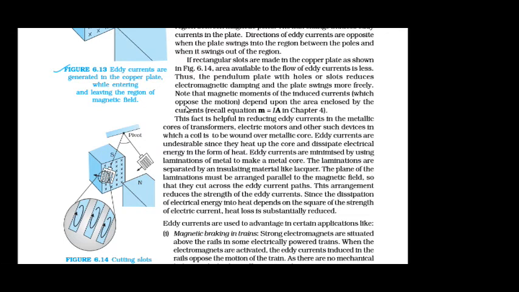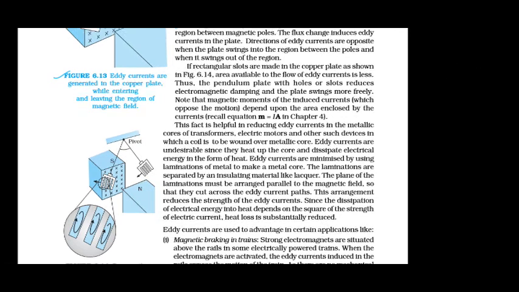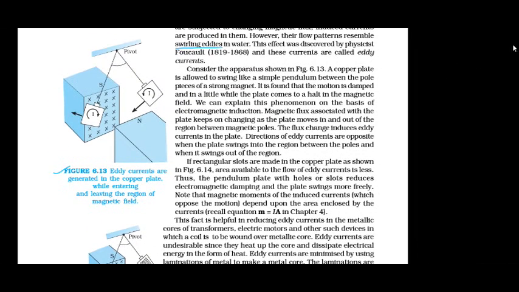So let us understand this. Consider this magnetic pole, this is north and this is south, and a copper plate which swings like a pendulum. It goes here, again it comes back, again it goes to and fro.